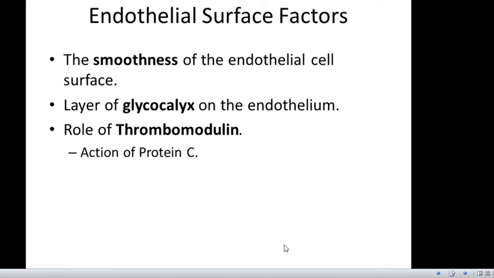Number 3. Thrombomodulin, a protein associated with endothelial cell membrane, binds thrombin. This slows down the clotting process. Thrombomodulin thrombin complex also activates protein C that inactivates factor 5 and factor 8.